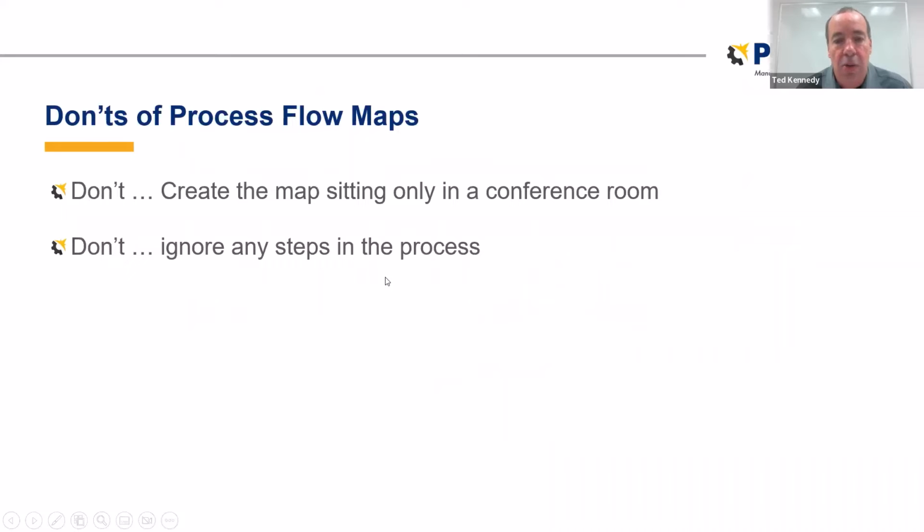And don't create the map by sitting at your desk or sitting in a conference room. And don't ignore any steps in the process, because like I said, if you don't go out there and actually look at it, you're going to be missing some steps that you don't know about. It's amazing what actually happens in the process that people don't realize is happening.